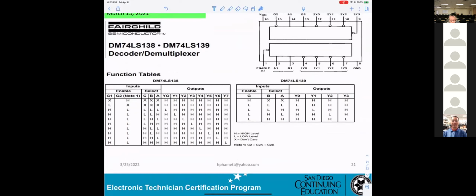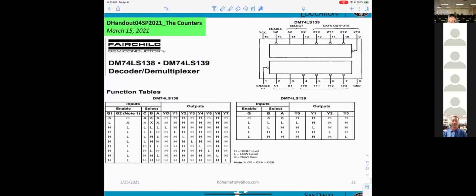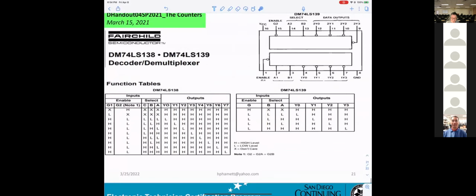For the IC 138, they get the 8 combination, and 139, where they get 4. So reading that will be easy.